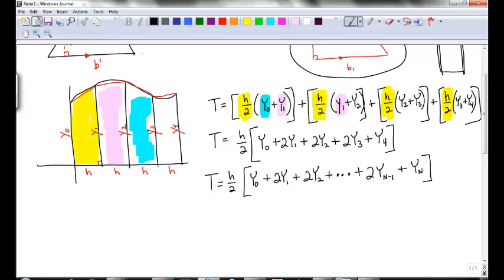So like if n was 4, then this would be y sub 4, and this would be y sub 3. So that's the general formula for the trapezoidal rule.